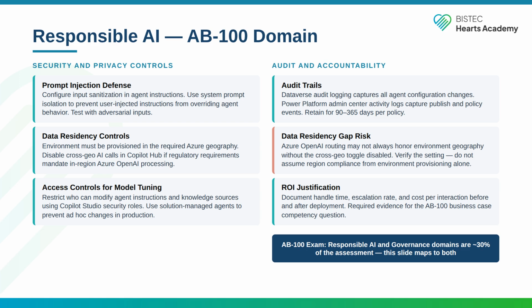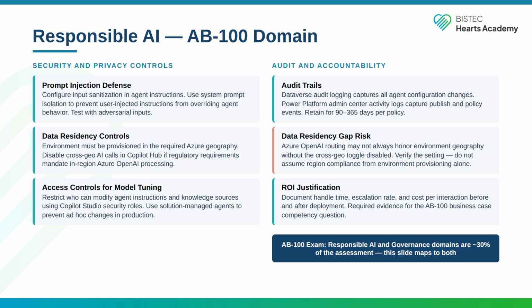3 security and privacy controls define the baseline for compliant agent deployment. Prompt injection defense addresses the risk that user input in a conversation turn contains embedded instructions designed to override the agent system prompt behavior. Configuring input sanitization in agent instructions reduces the attack surface by processing user input before it reaches the generative AI call.